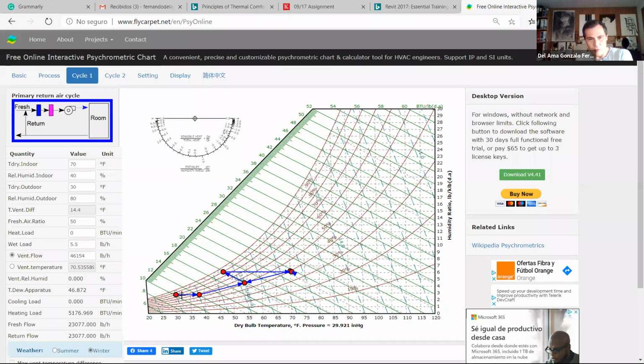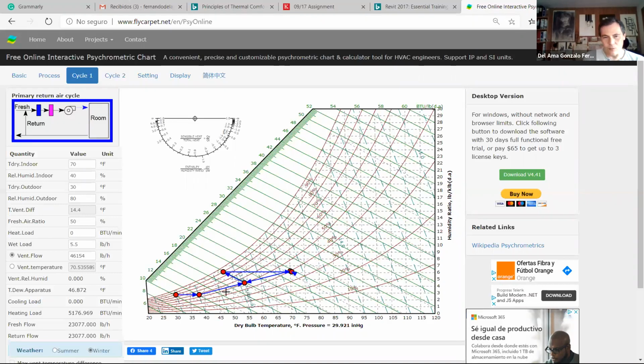So you see that we are moving horizontally here, and we're moving horizontally here. And when we have two different air flows, and we mix them, we have a point here which is in the middle. If we have selected 50, that point should be in the middle between the outdoor conditions and the indoor conditions. So it's just in the middle. And then this is an enthalpy, and then we have another heating load here.